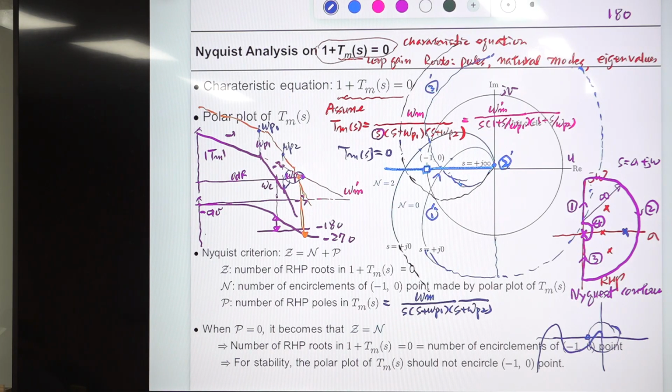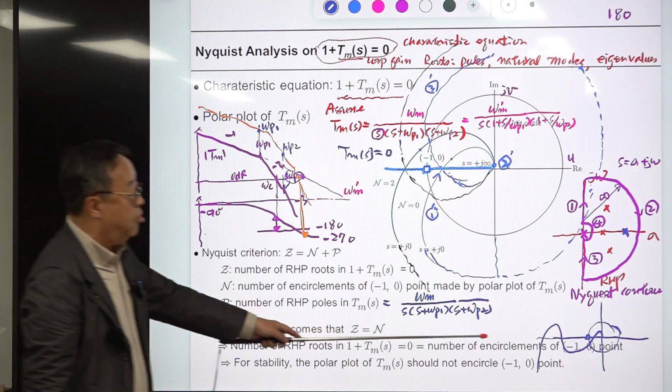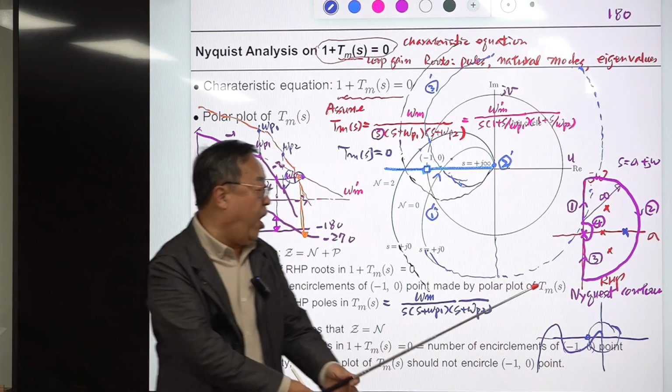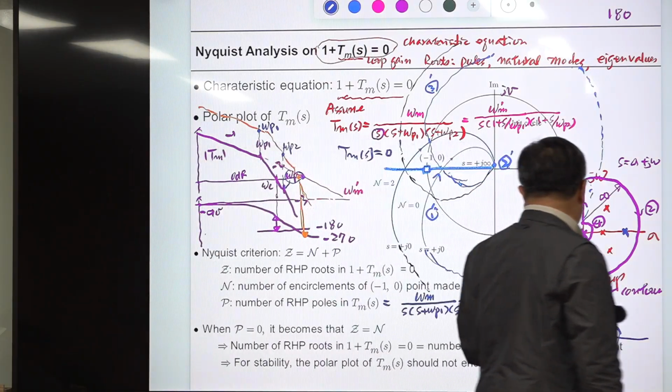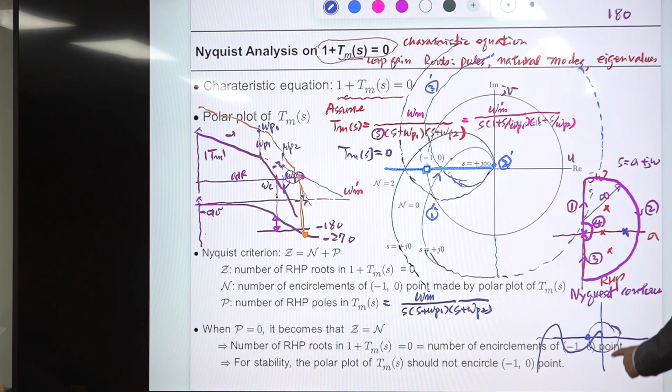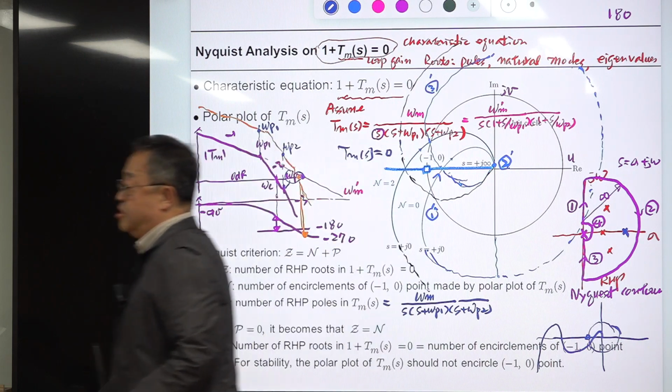Okay. This is a conditionally stable system because the phase falls below -180 while the magnitude is larger than unity. That means the trajectory is outside of this unit circle and in the second quadrant. That is defined as a conditionally stable system.